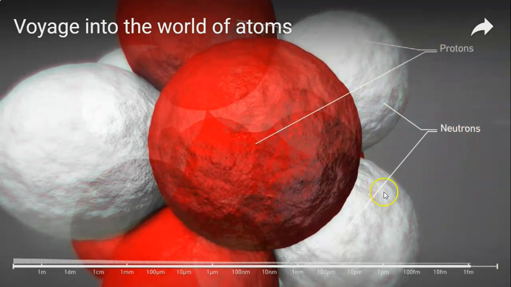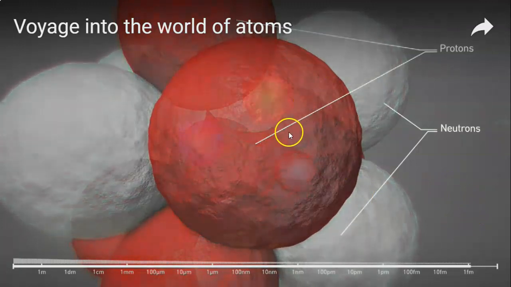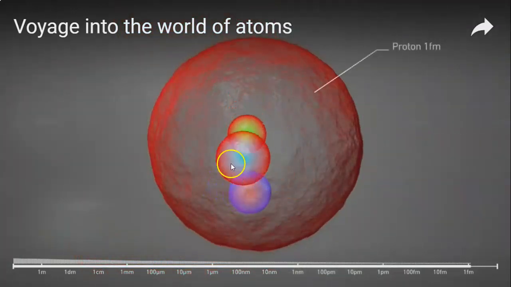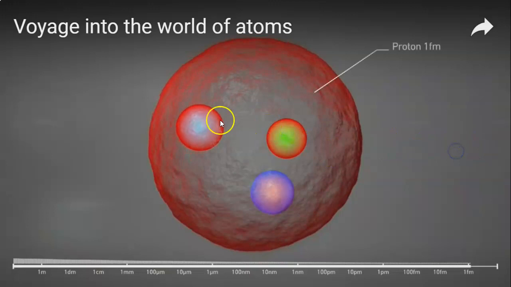So we have protons and neutrons, and the force that keeps this nucleus together, and also the force inside a proton and neutron. These are called quarks. The force that keeps these together, that is the force that we get the energy from for these super awesome explosions in the universe.